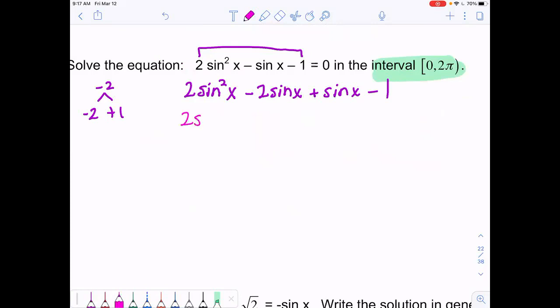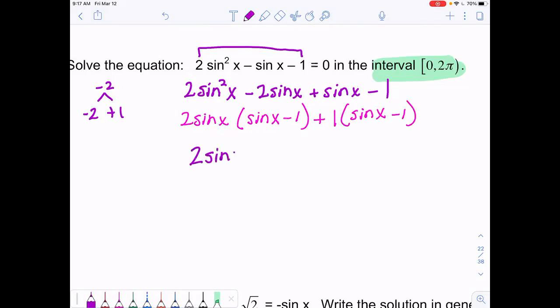Factor out a 2 sine, and then I have sine minus 1. The other pair, they're only divisible by a 1. So I'm still going to place that 1 there so that I remind myself I have another term. The GCF in that second pair is just a 1. So 2 sine x plus 1, and then sine x minus 1.